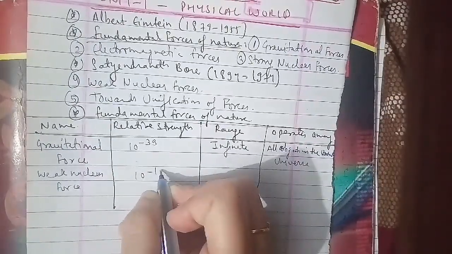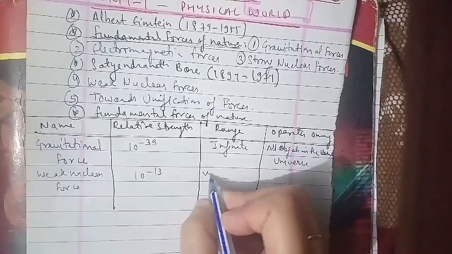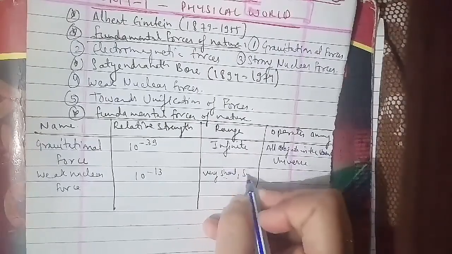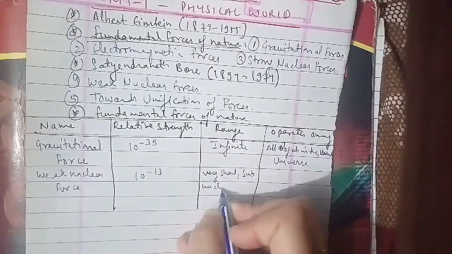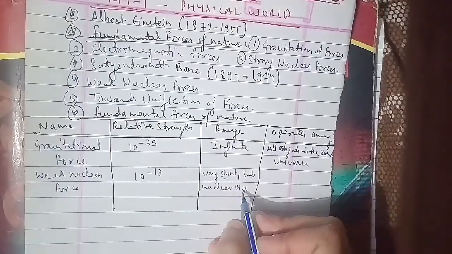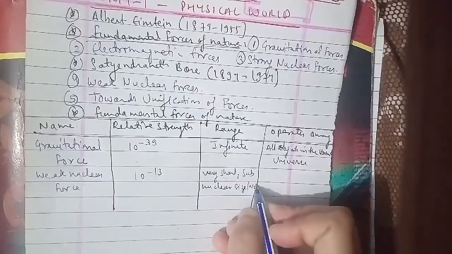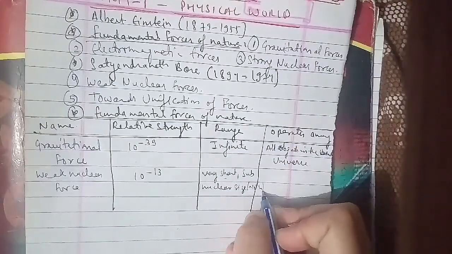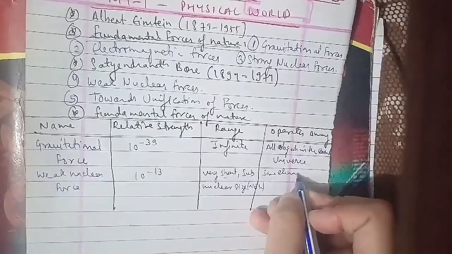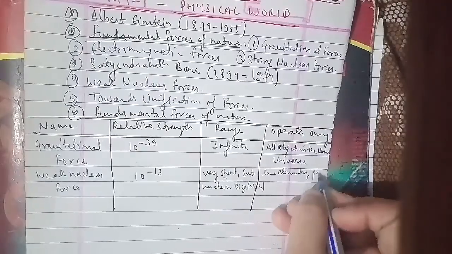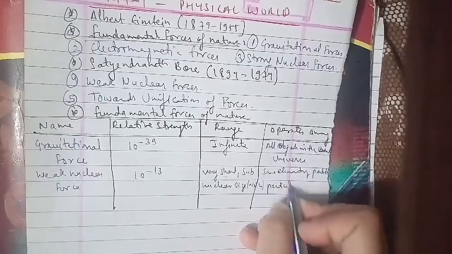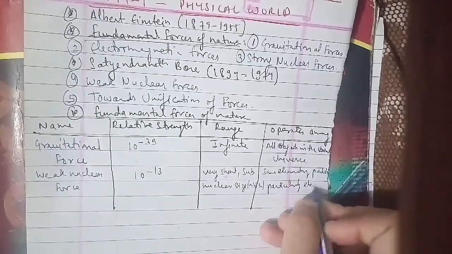Now the third one is the electromagnetic force. Its relative strength is 10 to the power minus 2, the range is infinite, and it operates among charged particles. Now we talk about the strong nuclear force.